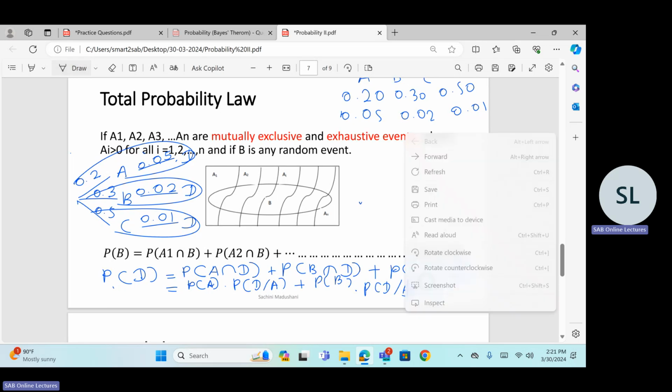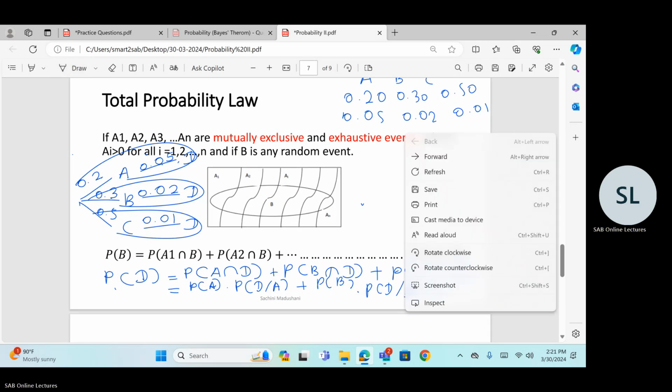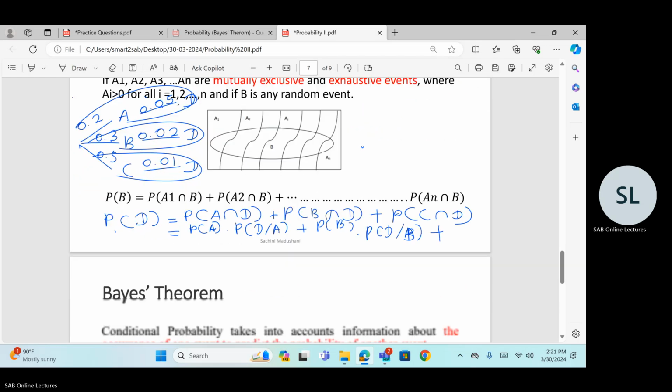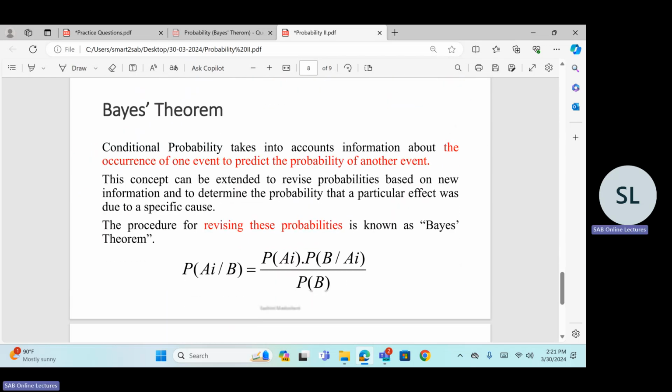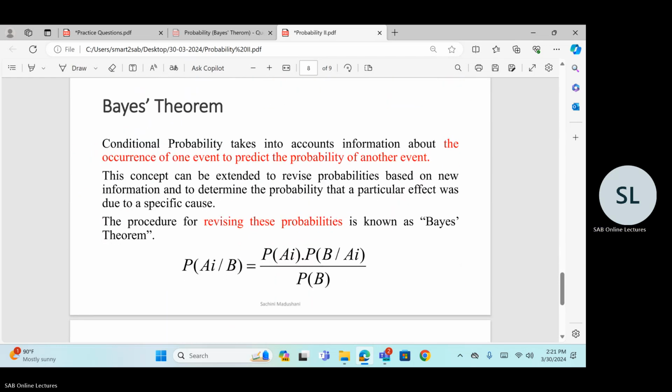As the last concept in here, the Bayes theorem. Okay. That's the same as the conditional probability.